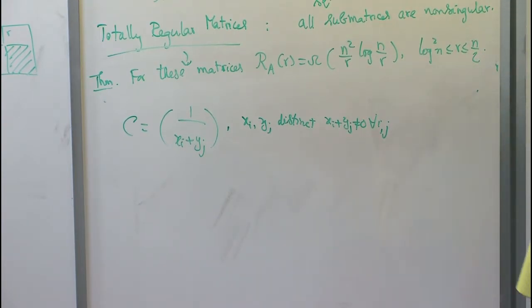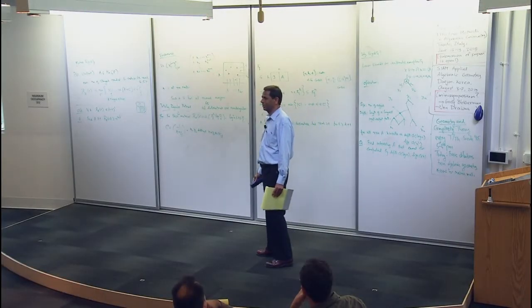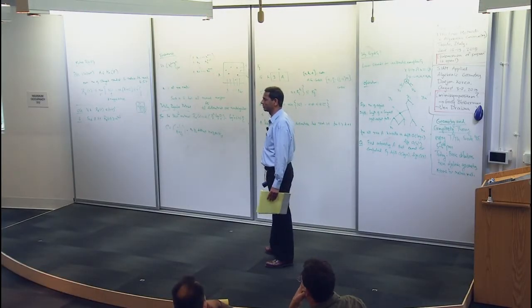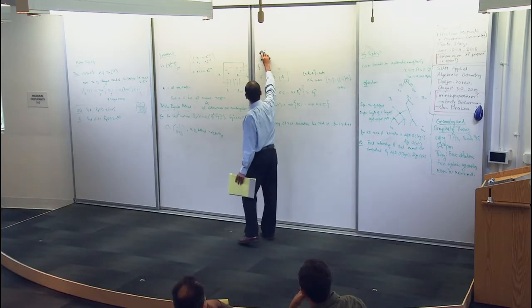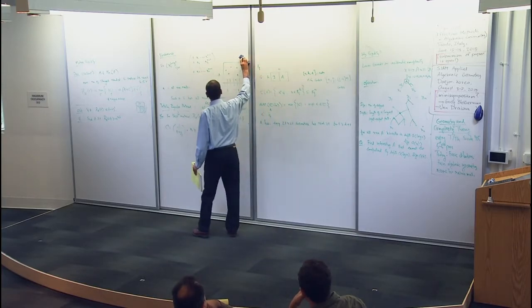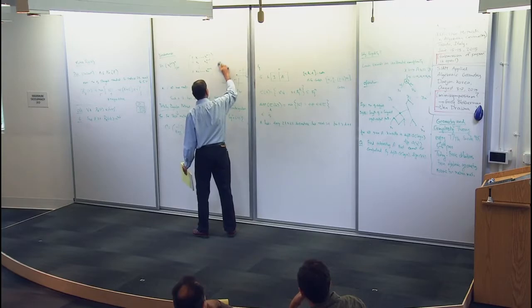All right. So over finite fields, that's unfortunately the end of the story. We don't know anything better than that. Those are very nice matrices, but the bound is quite uninteresting. Okay, all right, so now what do we do?